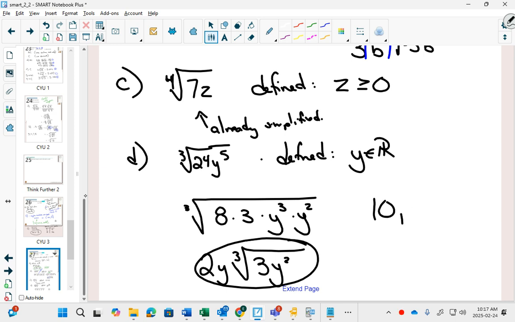So circle questions 10, 11, and 14. And if you turn a couple of pages to page 107, we hit a checkpoint.